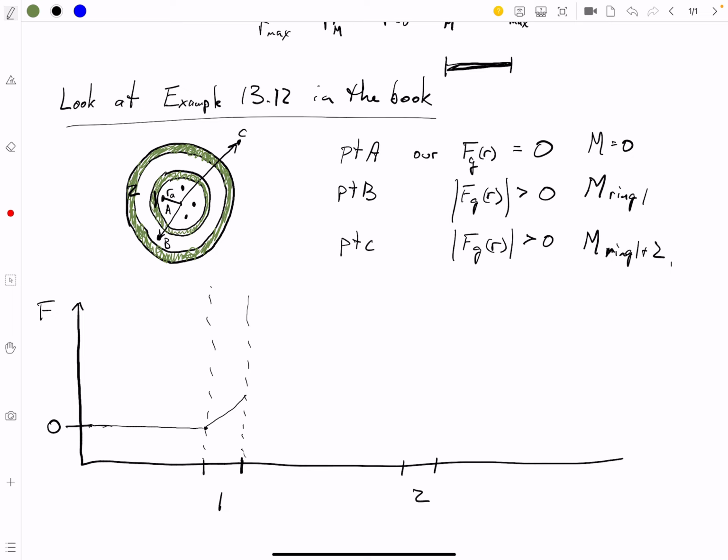Depending on the density of the material, we can have density 1 and we can have density 2, which is greater than density 1. If it's density 1, we'll have this small little slope. If it's density 2, we'll have a larger slope, right?